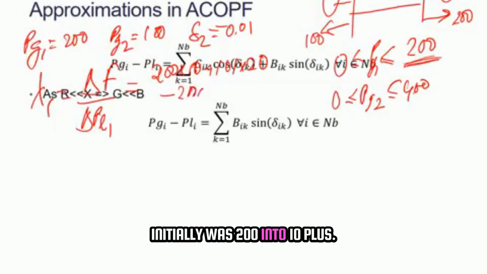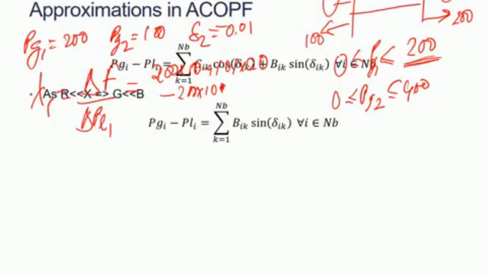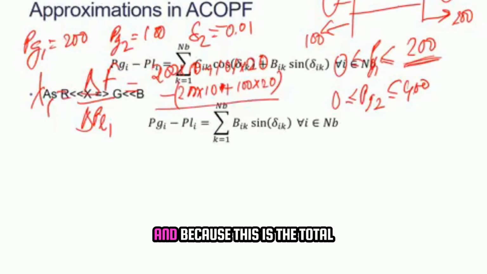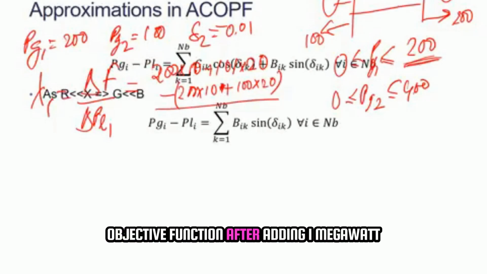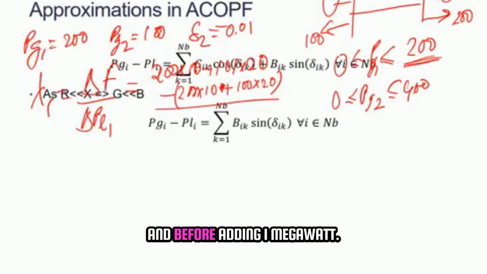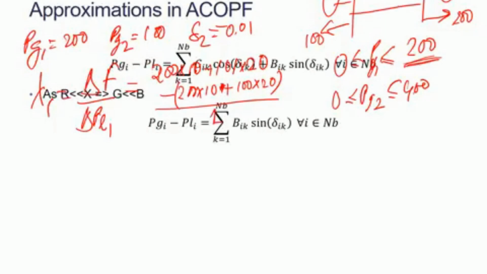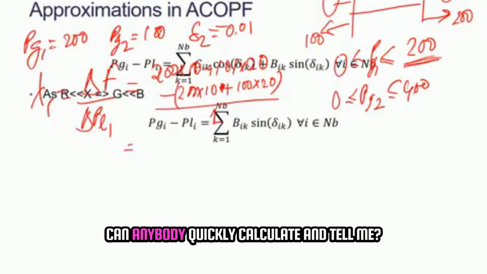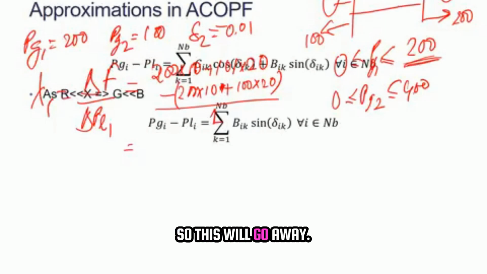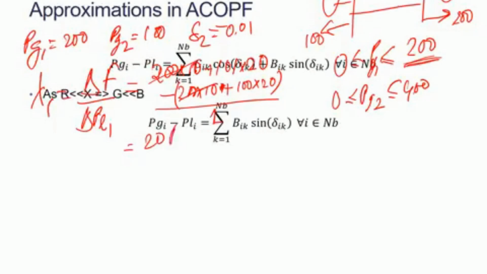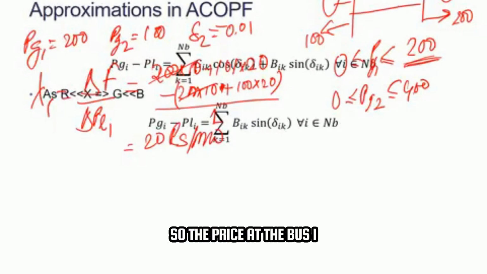Initially it was 200 into 10 plus 100 into 20, and because this is the total objective function after adding 1 megawatt and before adding 1 megawatt, and the load change is 1 megawatt, this value will be how much? Can anybody quickly calculate and tell me? So this will go away, this will go away, and this will be 20. So the price at bus 1 will be 20 rupees per megawatt.